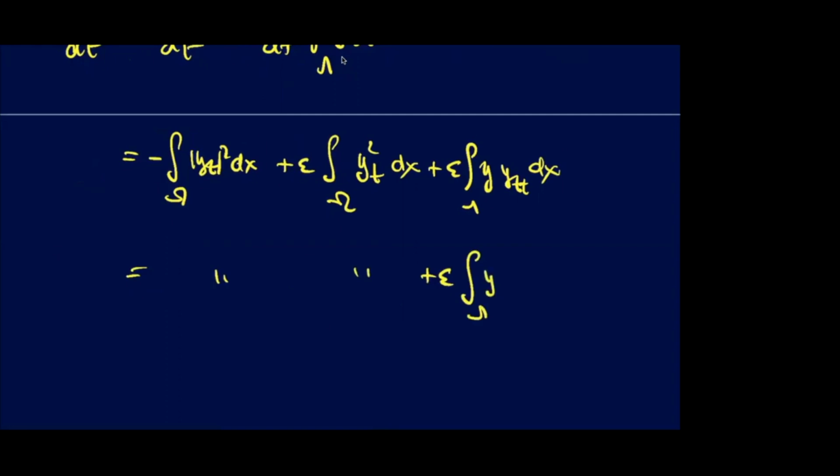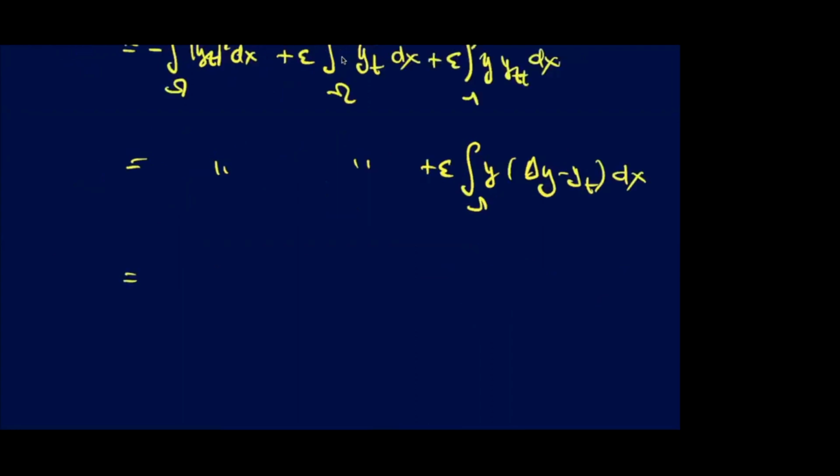YTT is equal to the Laplacian Y minus YT, right? So then I will get the first term, the second term. Now here, you see that the integral of Y Laplacian Y, integrating by parts, will give me minus epsilon, the integral over omega of gradient Y squared, right? And then here I will get another term, YT.